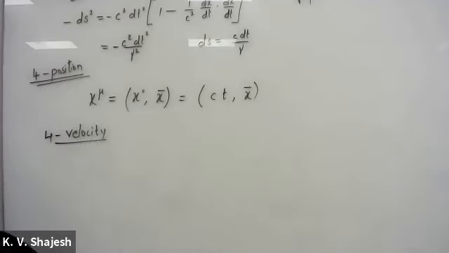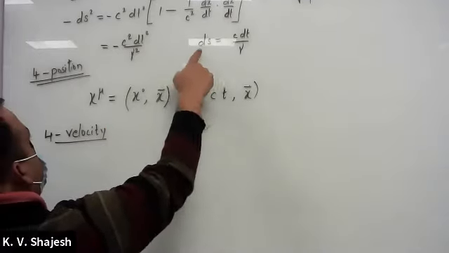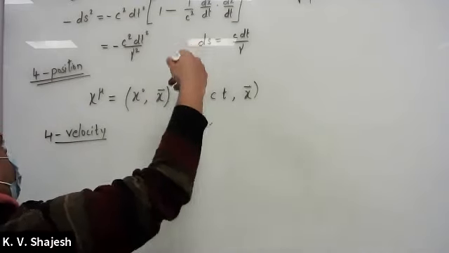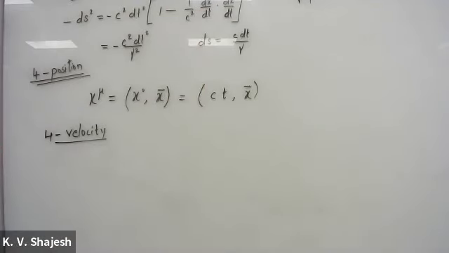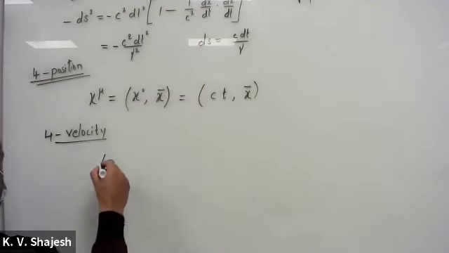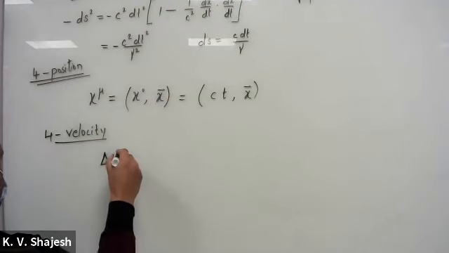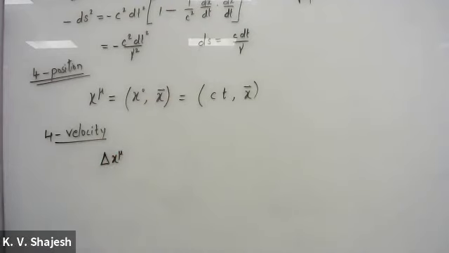For velocity, now this is a definition we need, because velocity we know what it is, but for four velocity we use the idea that this does not change with respect to who is measuring it. So what we say is that let's define delta x mu. If we divide it by time, then time itself transforms.